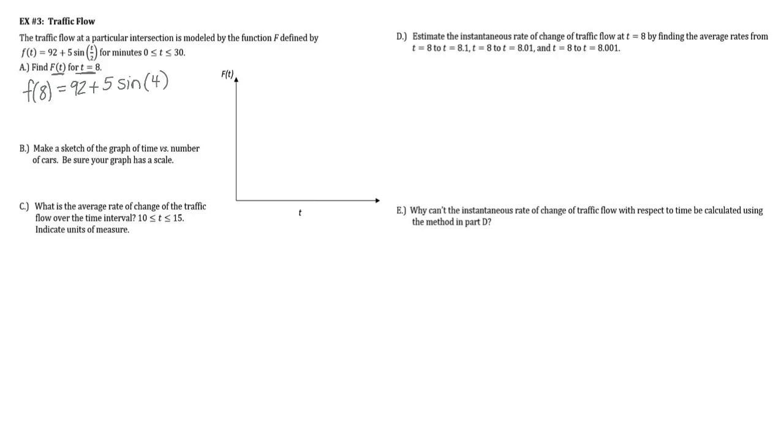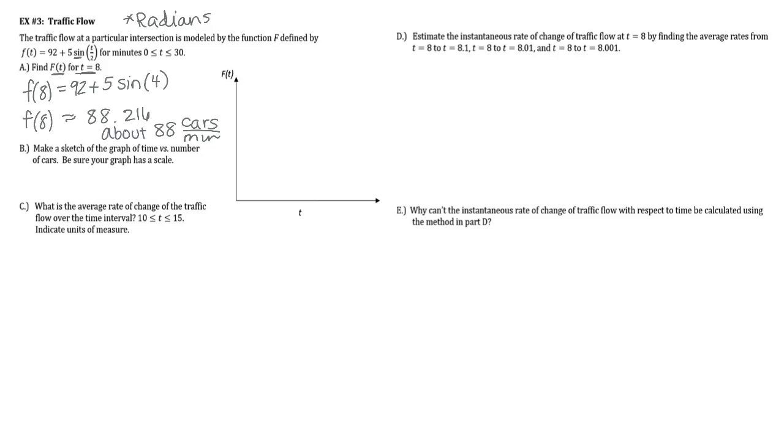Now you do need to make a note that since you have a trig function, you are in radians. So do make sure the calculator is in radians. And so for this, then we see that f at 8 is going to be about 88.216. So we're going to say that's about 88 cars per minute.